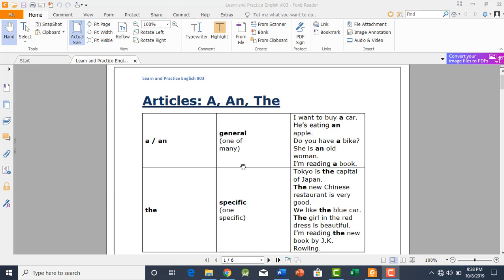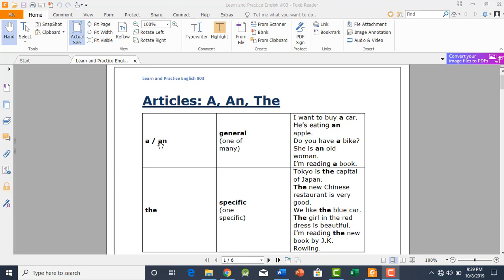So let's start with this very beautiful table, which basically gives you a very brief idea about the topics, especially when we use a and the, and it identifies the areas in which we have to use a and an or the.